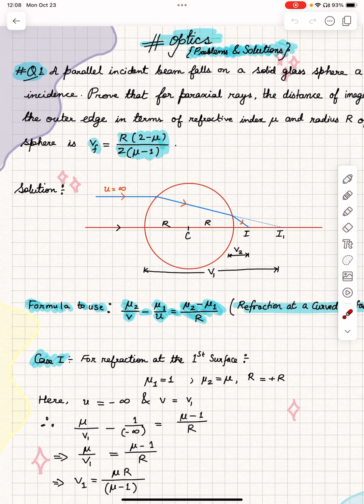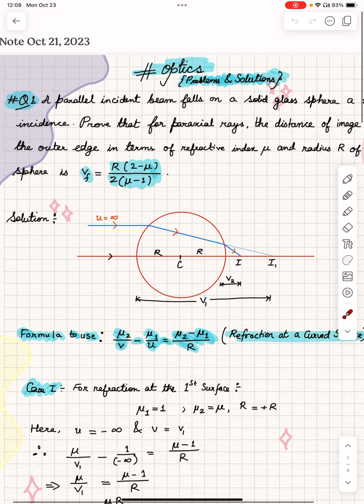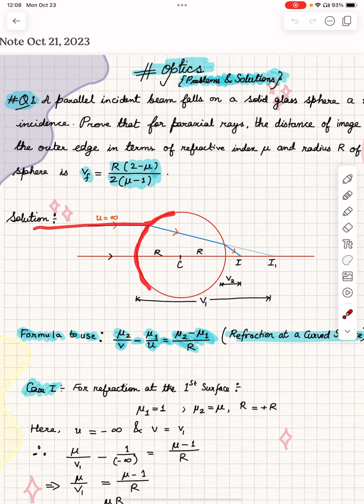So there will be two cases in this question. The first case is when the ray of light coming from a very distant source is incident on the first surface. So that will be case one, and for that we take the image formed at the point I1, which is at a distance V1 from the first surface, and the radius of curvature is taken to be r.